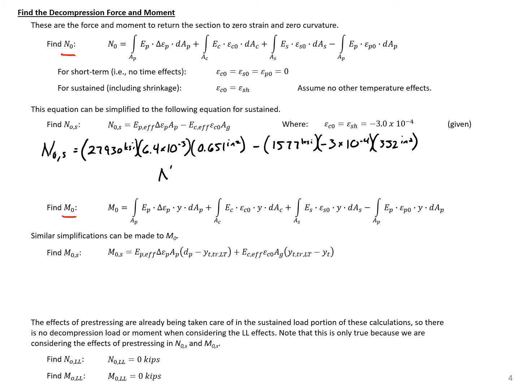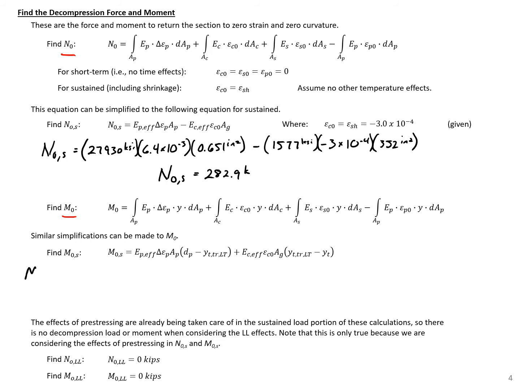So this will give us an N naught sub S equal to 282.9 kips.